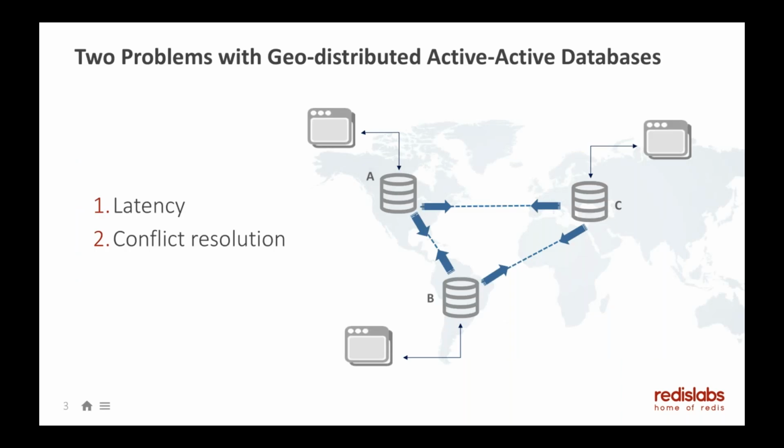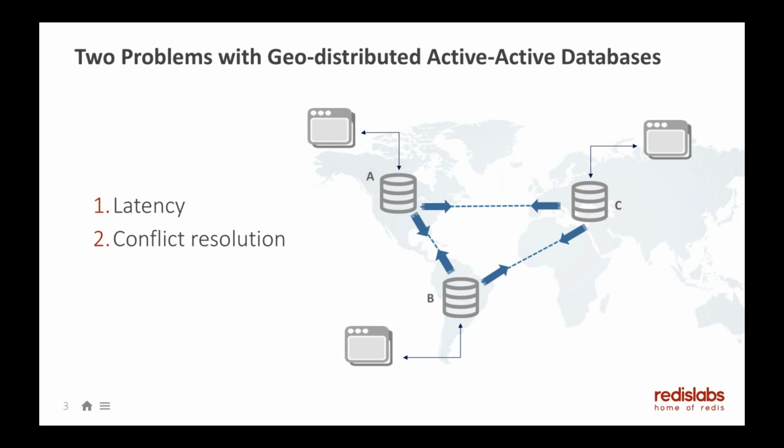About active-active geo-distributed databases, there are a few vendors who support them, and what we have seen is there are two main problems with active-active databases. The first one is latency, and the second one is conflict resolution. It's a bit ironic because the very reason why people go with active-active databases is to avoid latency.